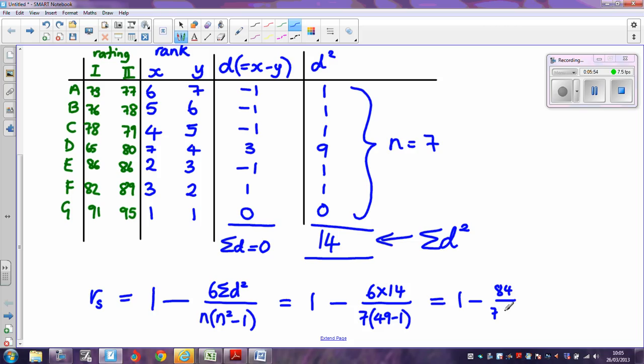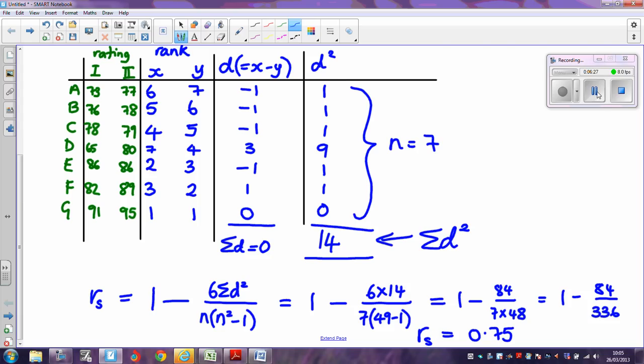And the bottom here becomes 7 times 48. So that's 1 minus 84 over, now 7 times 48 is 336. And if we work that out, so it's 1 minus 84 divided by 336, we end up with 0.75. Okay, so Spearman's rank correlation coefficient in this case is 0.75.